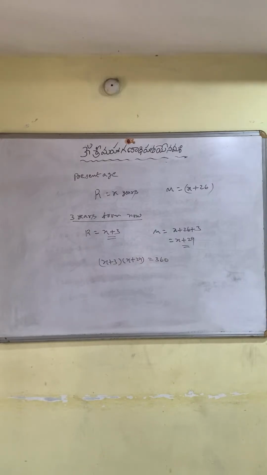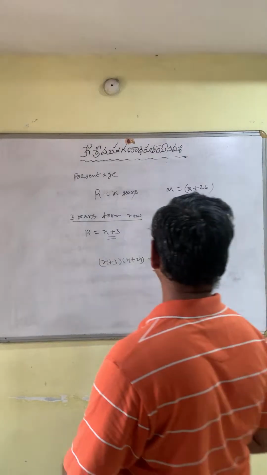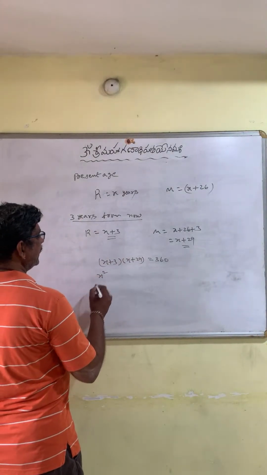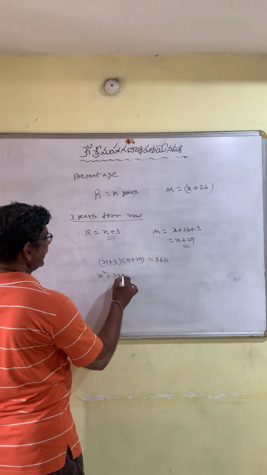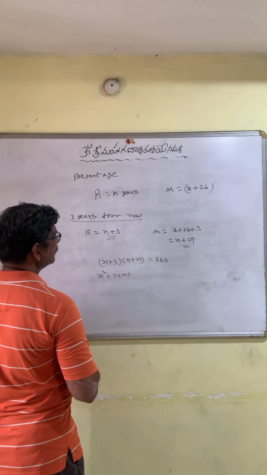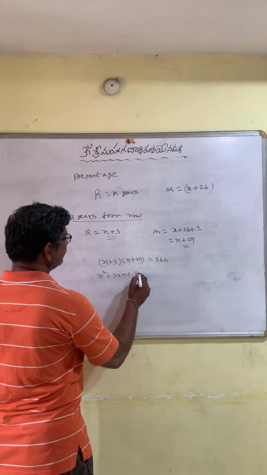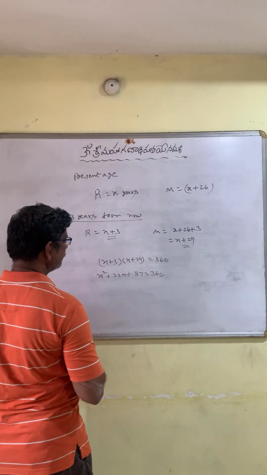Seven years? Is that right? This is 7 years, 13 years. Who is right? 7 years or 13 years? x square plus 32x plus 87 is equal to 360.